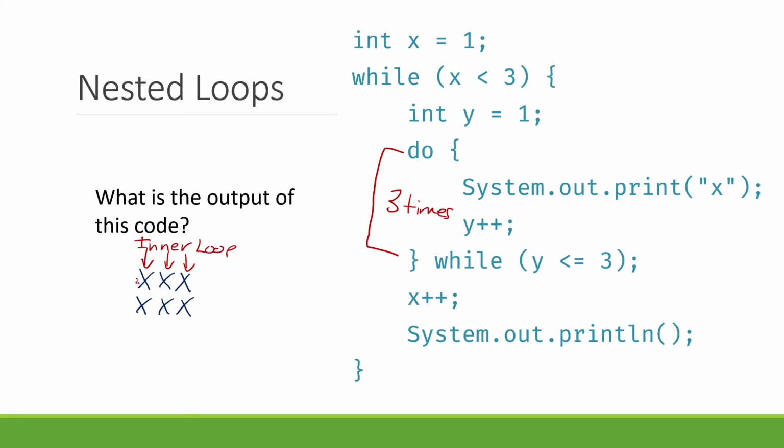So our inner loop always prints an X, and it does it 3 times. This outer loop executed twice. So this outer loop corresponds to the rows in each output. So our outer loop was responsible for printing the rows.